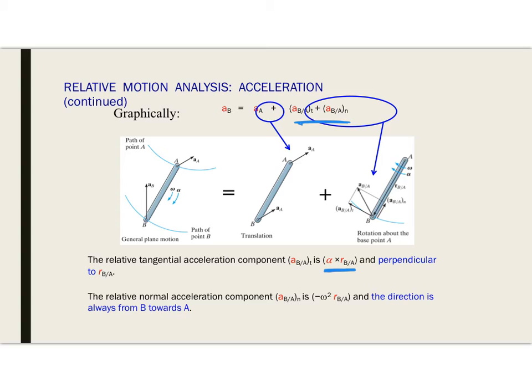The tangential acceleration is the angular acceleration crossed with the position vector of B relative to A. And the normal component of acceleration is minus omega squared R of B with respect to A. And that's just the centripetal acceleration.